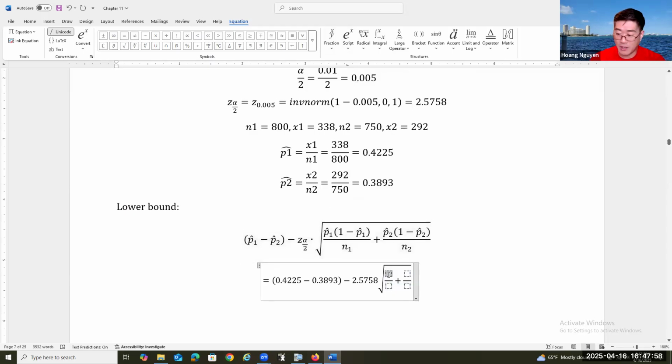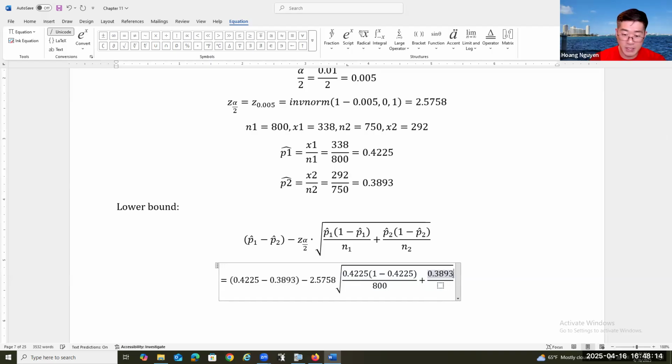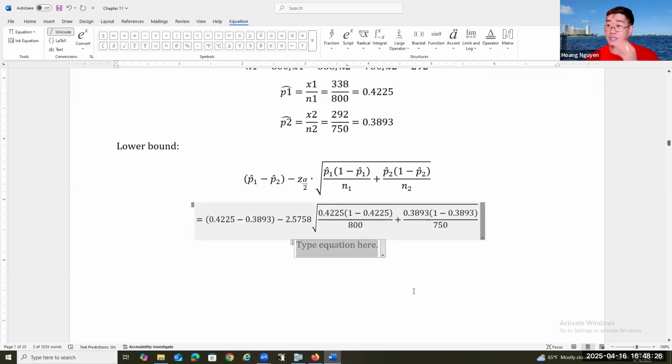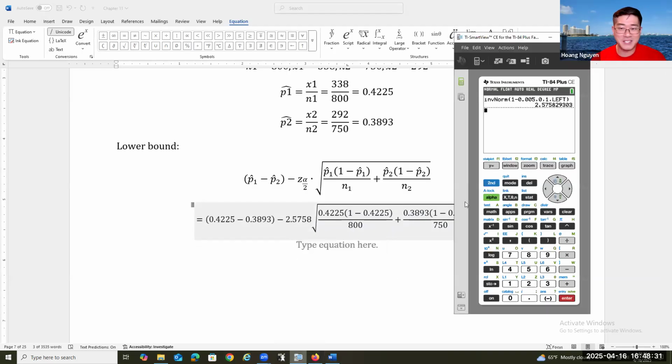So P1 hat equal 0.4225 times 1 minus 0.4225 divided by N1, which is 800. And then we're going to go on P2 hat, 0.3893 times 1 minus 0.3893 divided by 750. Okay, so that's how we substitute the value, right? So this formula is kind of lengthy, right? So be ready with this one. Let's give it a try.